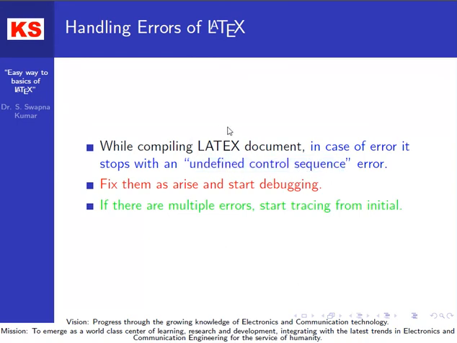So it is very important to fix that error so that it will not prolong into a later part. So fix errors as they arise and start debugging. That means you type the document for a certain number of lines, then run it and see if there is any error. If any error is there, you fix it. Otherwise, it will be tedious later. If there are multiple errors, start tracing from the initial one.